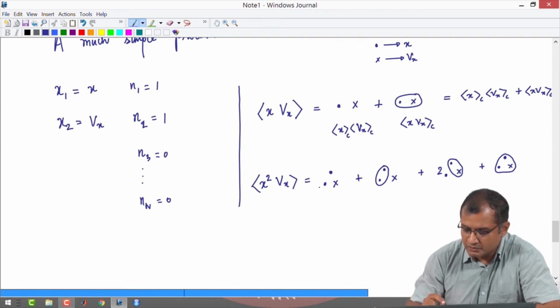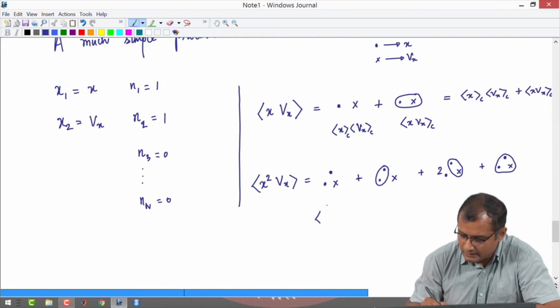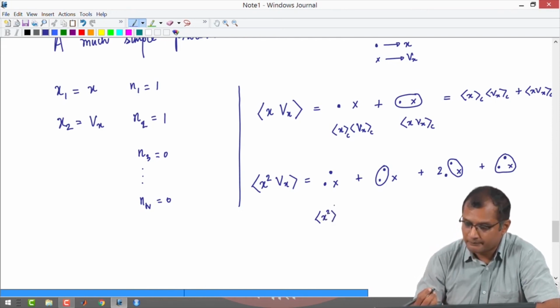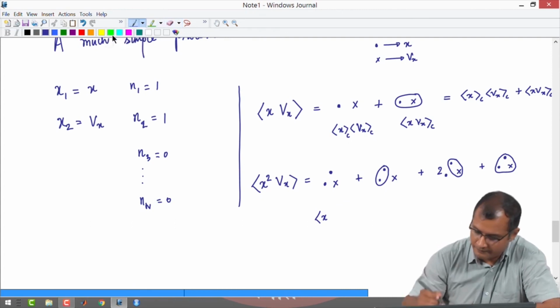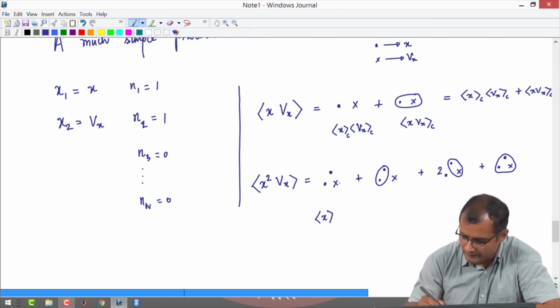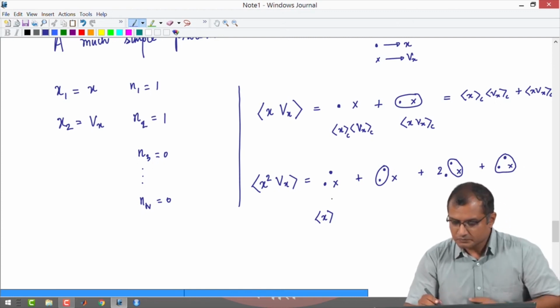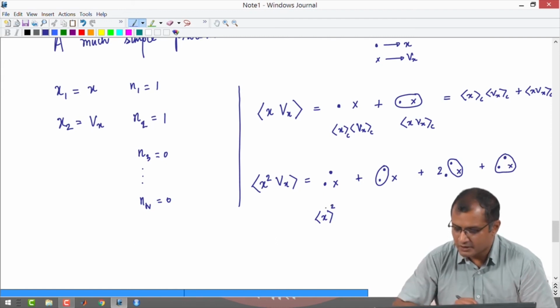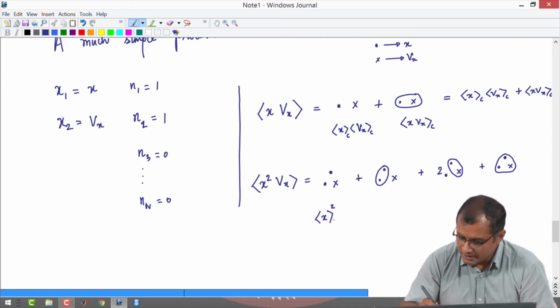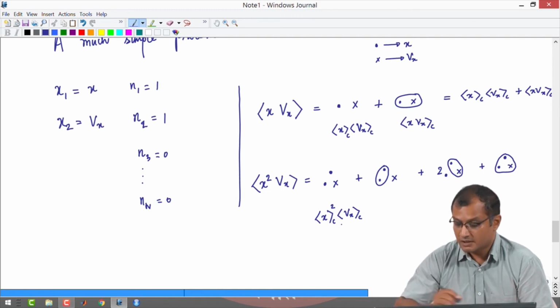So two disconnected dots is nothing but x squared. This is nothing but the square of the first moment, and I know that the moment itself is equivalent to the cumulant. Writing down for the cross, you just have the first cumulant of the velocity.